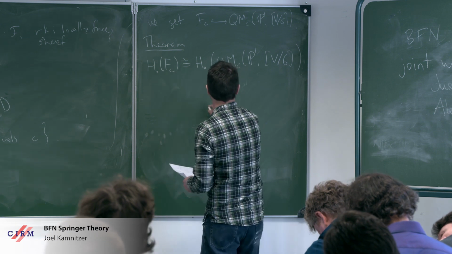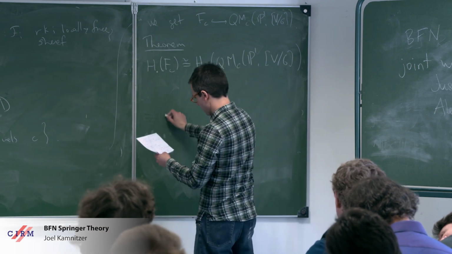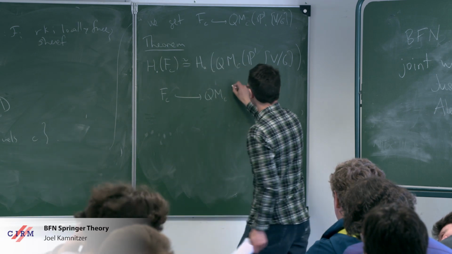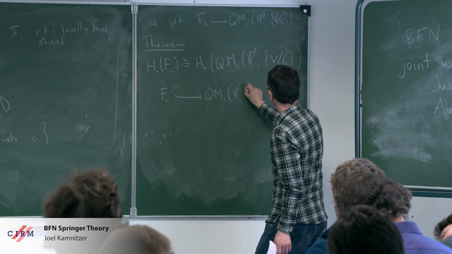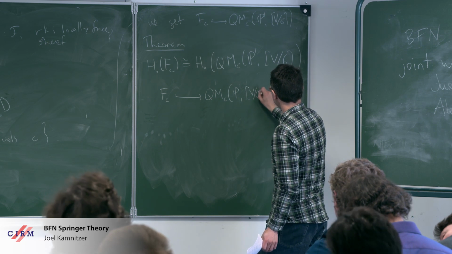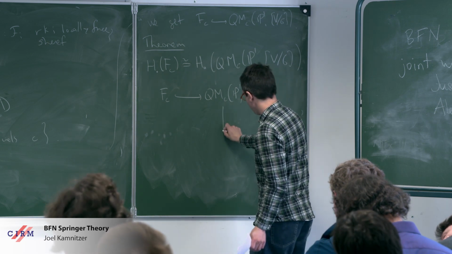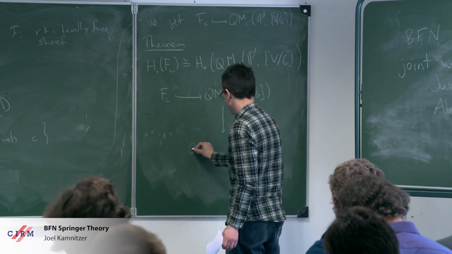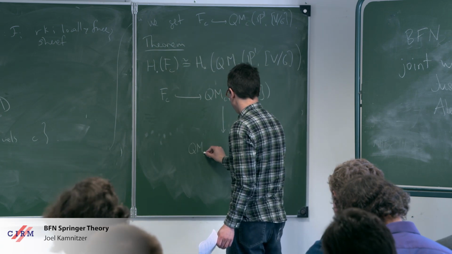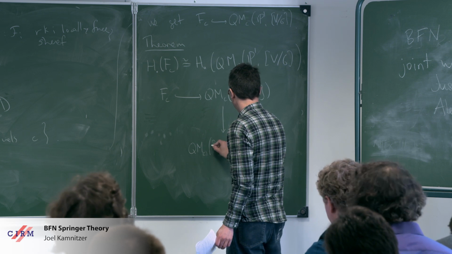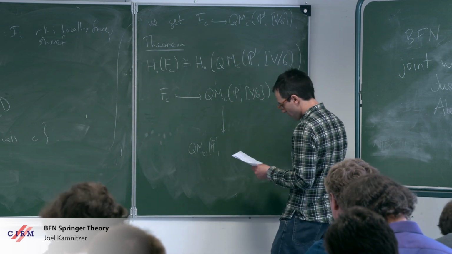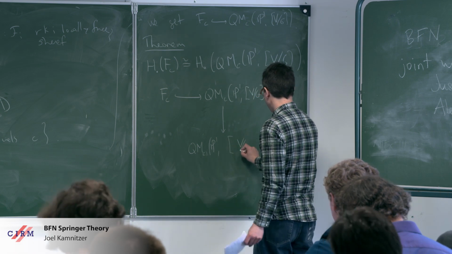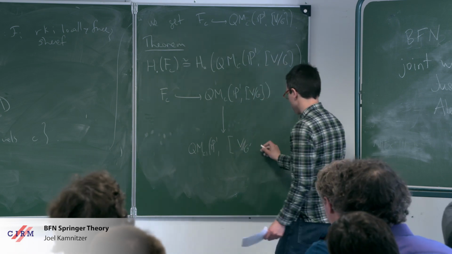Let me just explain a little bit the idea of the proof. So I explained that there was an inclusion of F_C into this quasimap space. And this quasimap space actually maps down to a different quasimap space, which is actually an affine scheme. It's the quasimaps also based from P1 into the quotient of V by the commutator subgroup G prime.